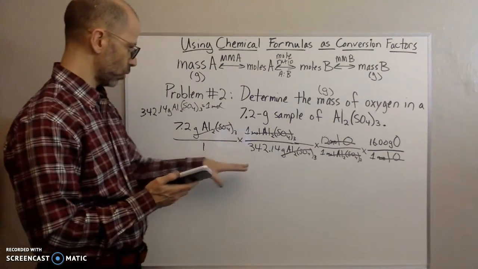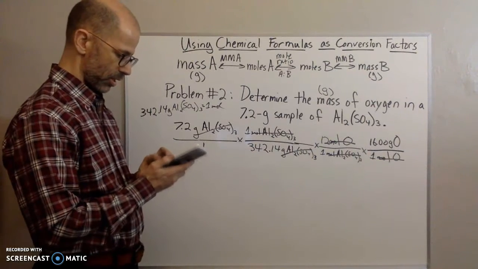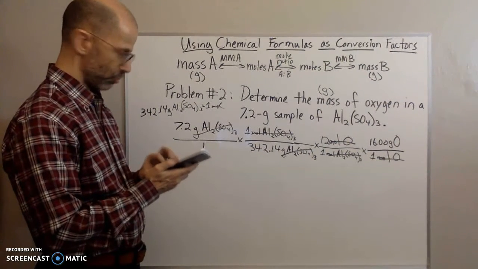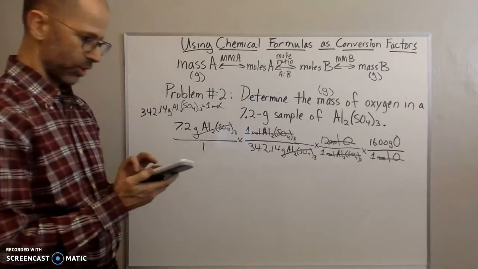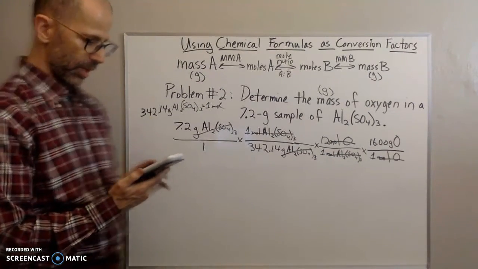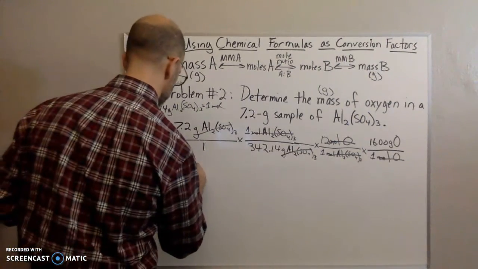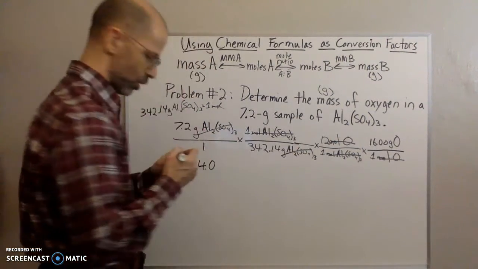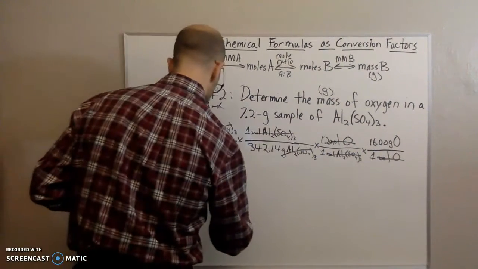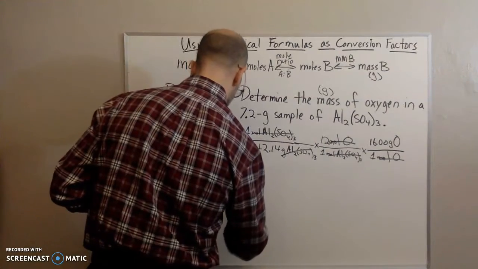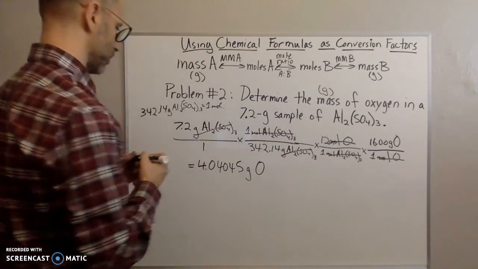So I'm going to skip the ones, divide by 342.14, and then the rest are ones, so I don't need to worry about that, equals, and I get 4.045 grams of oxygen.